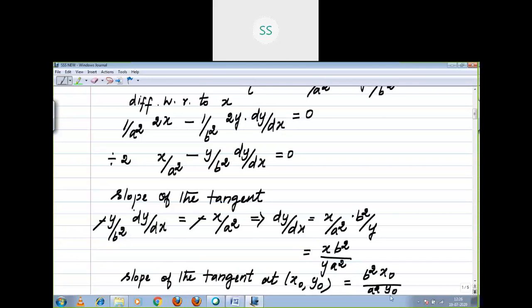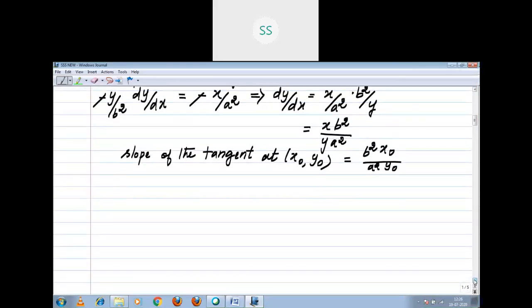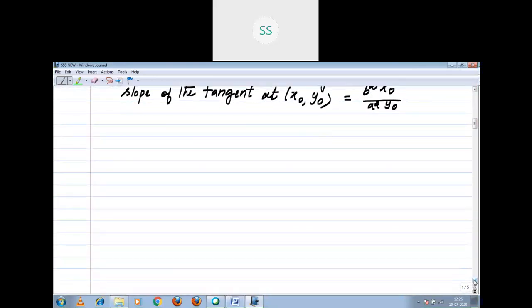You know the point. Using that, you are going to find out the equation of the tangent, right? How to find the equation of the tangent using the one point slope form?